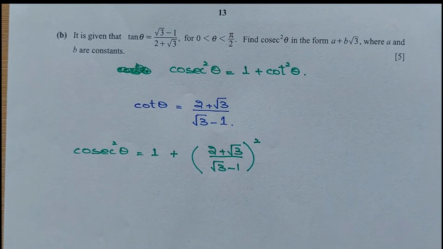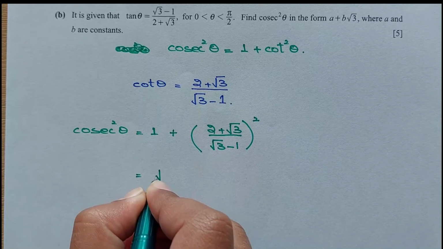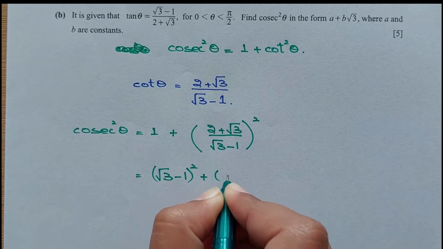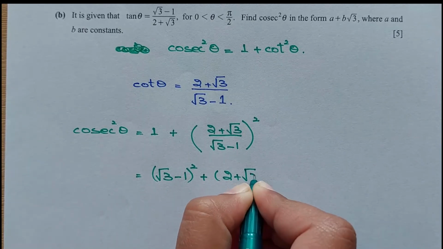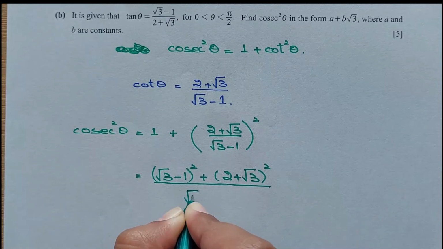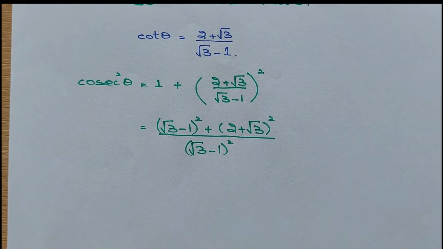So let me do the LCM and open the squares. So we have (square root of 3 minus 1) whole squared plus (2 plus square root of 3) whole squared, over (square root of 3 minus 1) whole squared. That is cosecant squared theta, right?